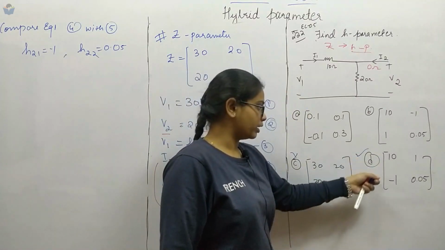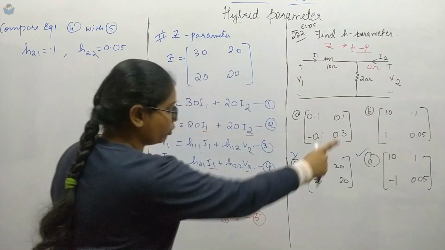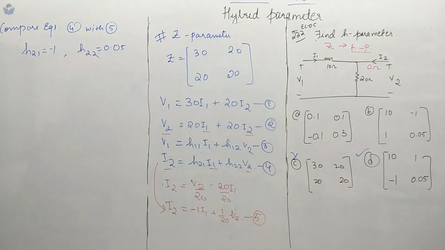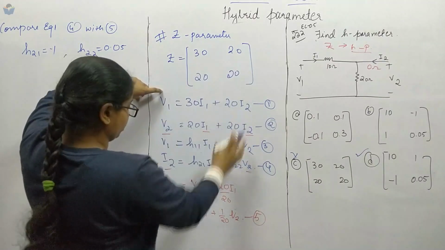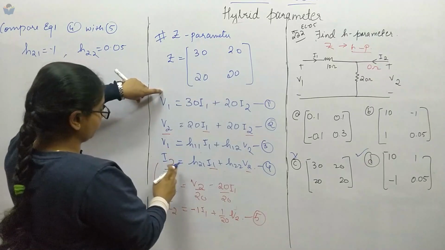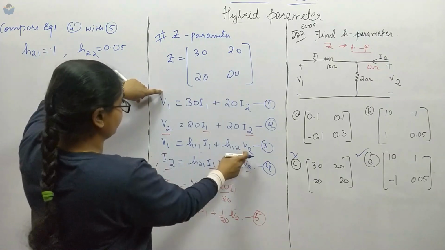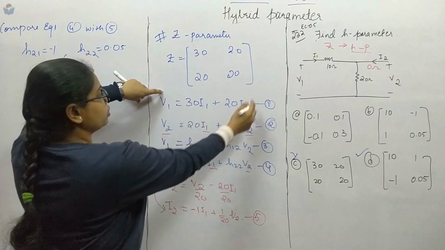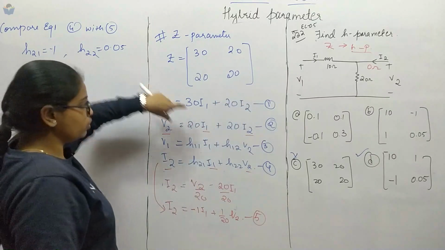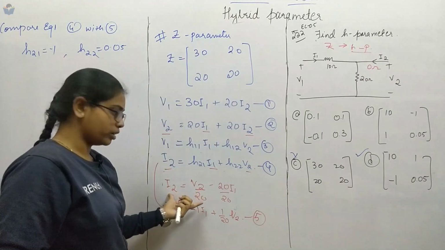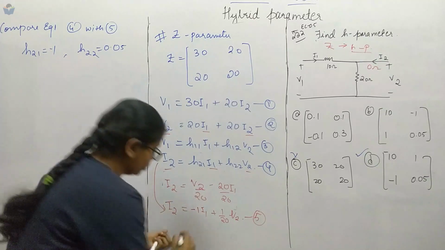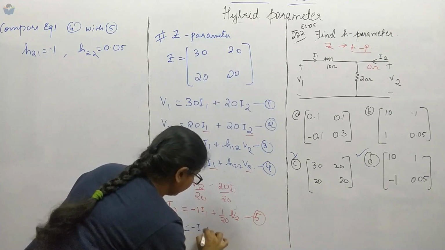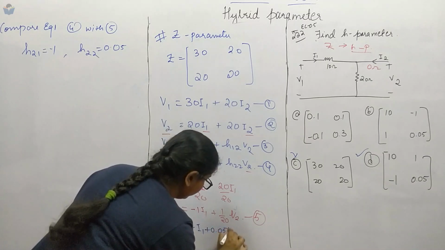But since we are solving it, we will solve fully and see what we get for H11 and H12 also. In the first equation, what is required here? V1, I1, V2. So I2 is not required. I2 we have already found, so in simplified form I can write it as 0.05 V2.